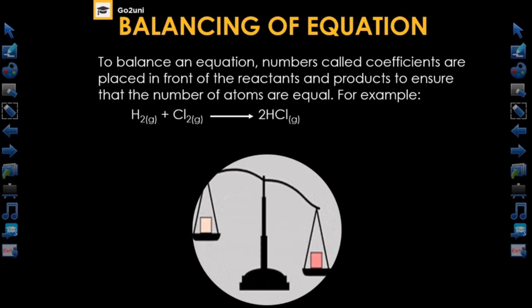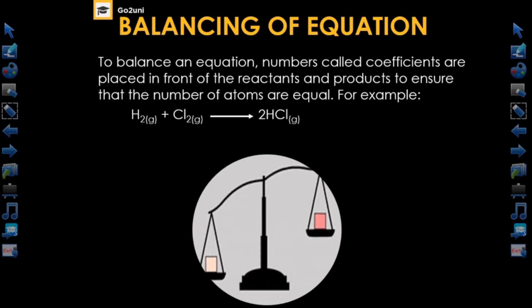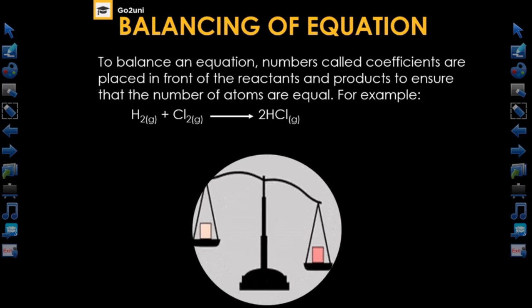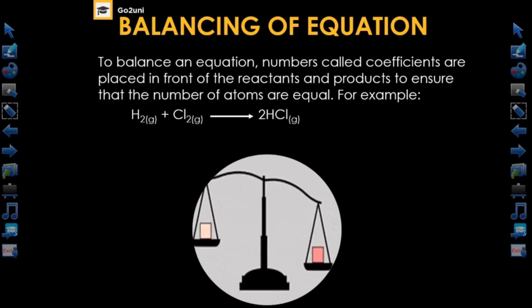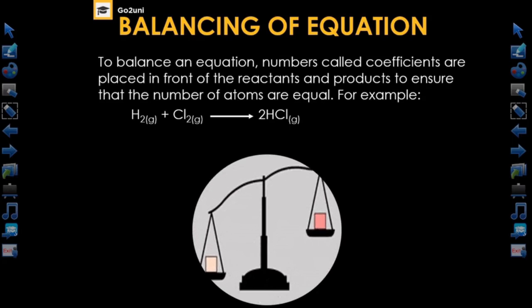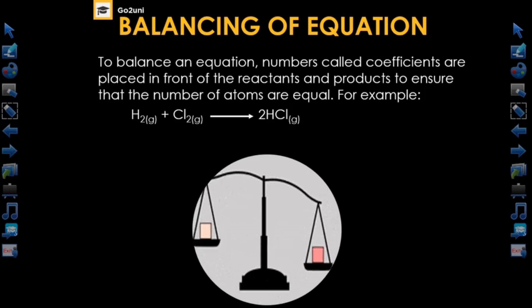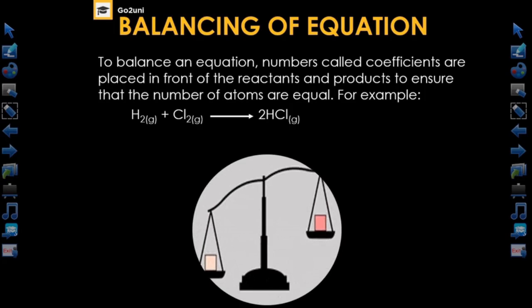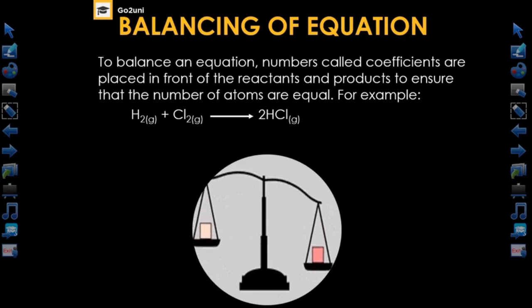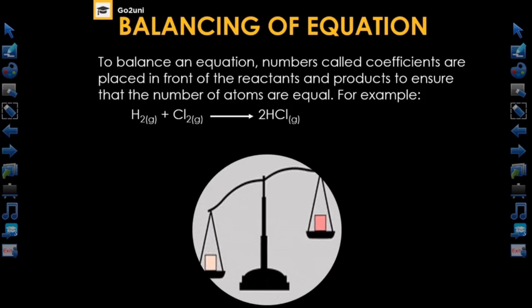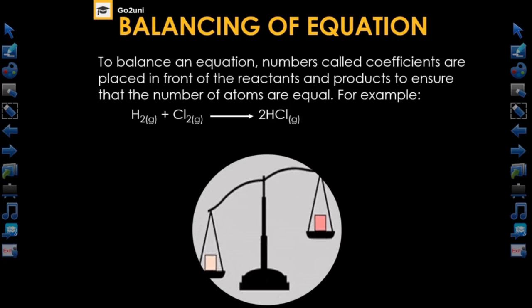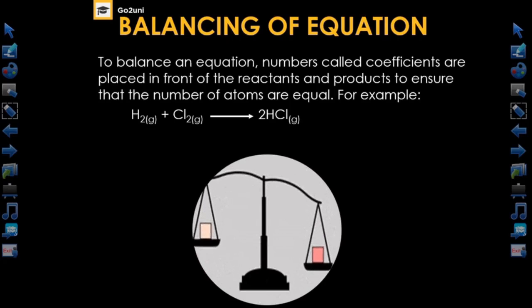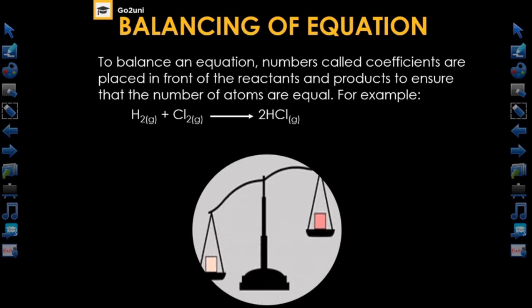So looking at the equation we have on the screen, we can see that hydrogen at the left hand side is 2, chlorine at the left hand side is 2, and at the right hand side, the 2 in front of HCl is for both atoms of those elements. The 2 in front of HCl is for both hydrogen and chlorine.